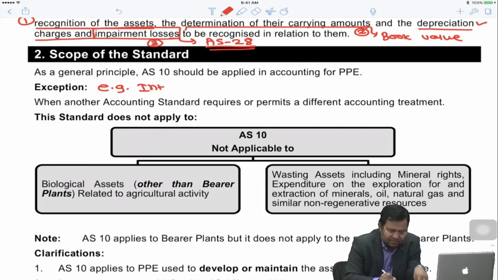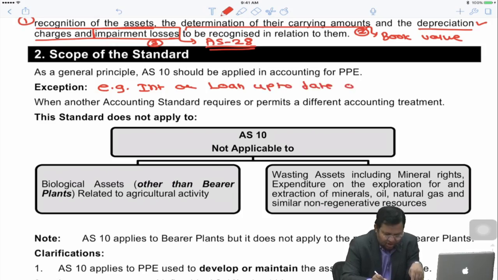Interest on loan, PPE is property, plant, equipment. Interest on loan up to the date of installation is capitalized.